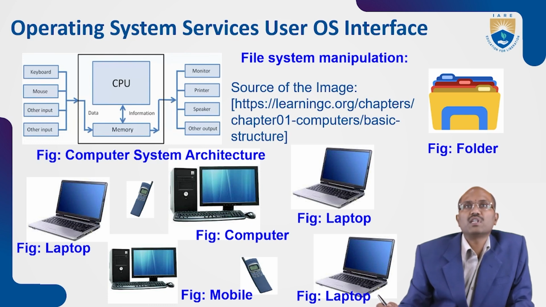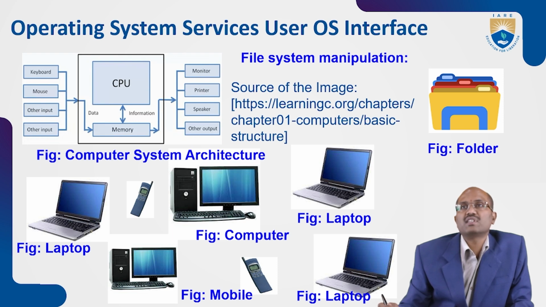In present days it may be a laptop, a mobile, or a computer, or it may be communication among various sources. All the services we discussed are performed by all devices like computer, mobile phone, and laptop.